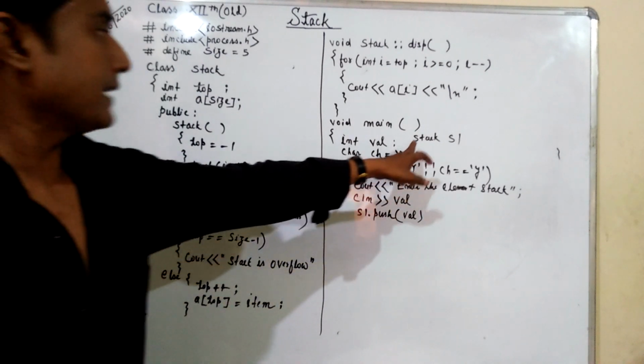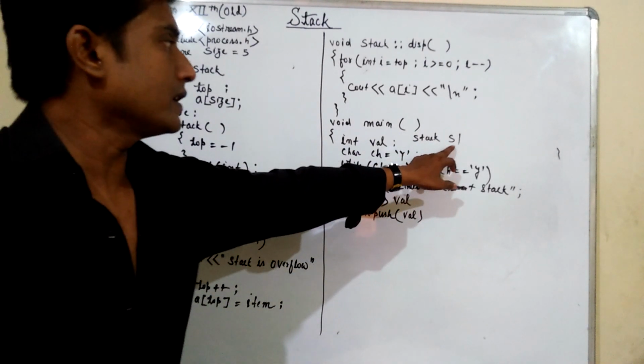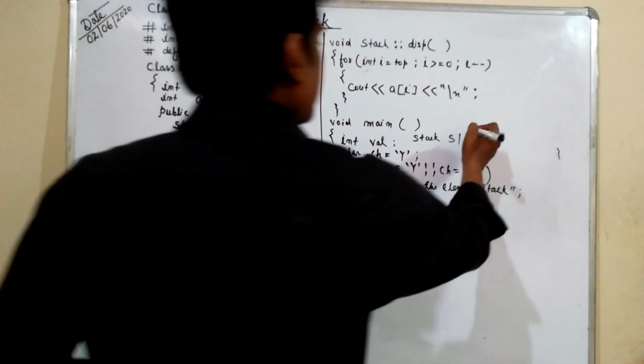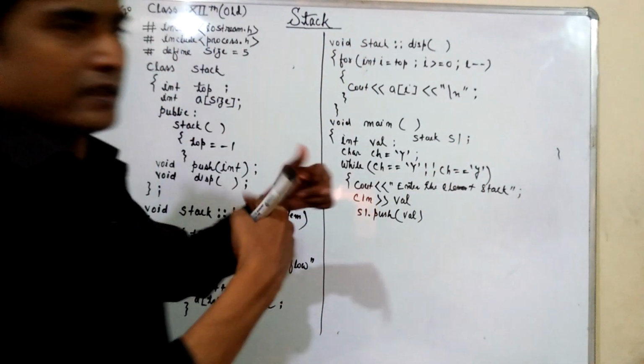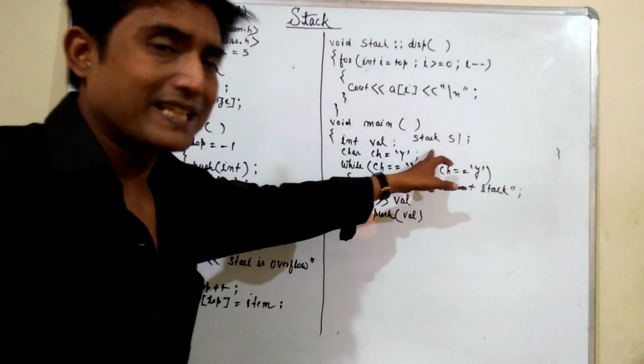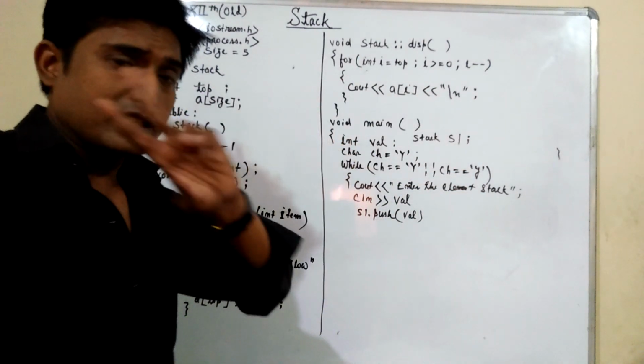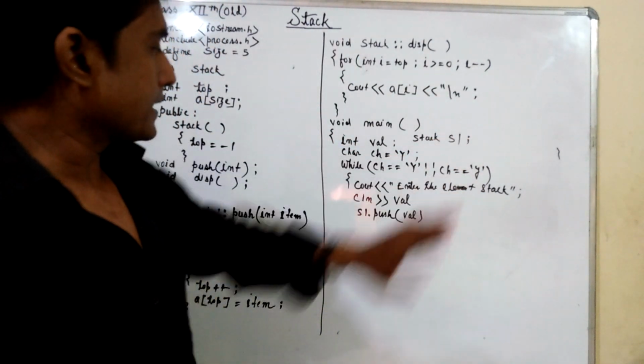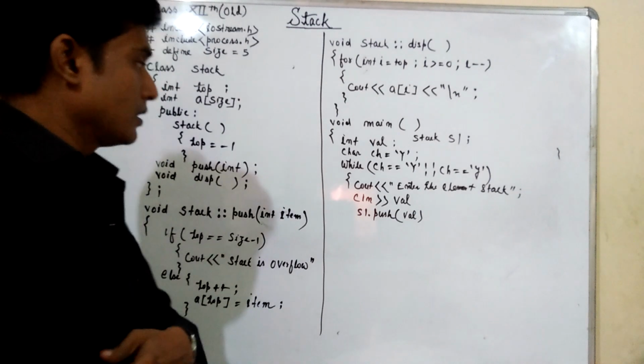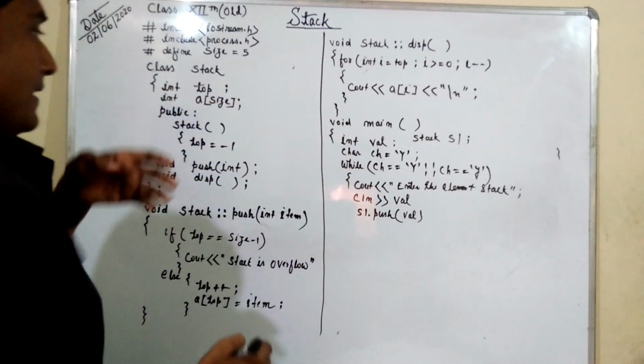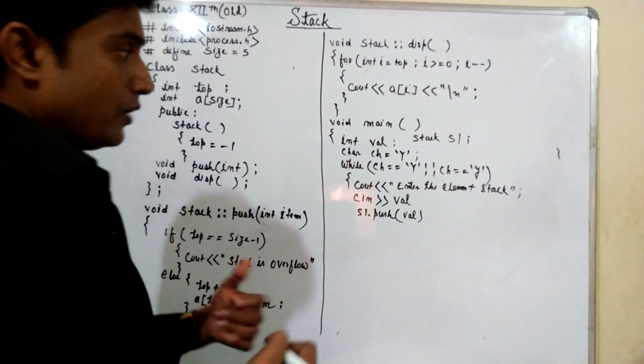Okay, Stack s1 is my object name. Just I had forgotten previously, that's why I have taken it right now. S1 is my object name. Now s1 dot push, I have to pass the parameter val.